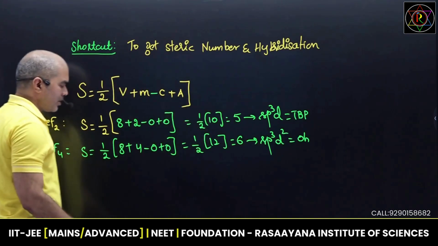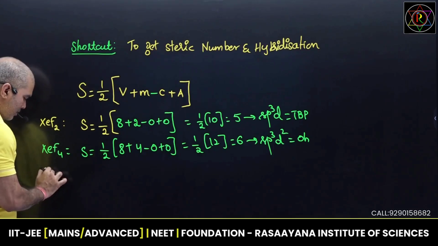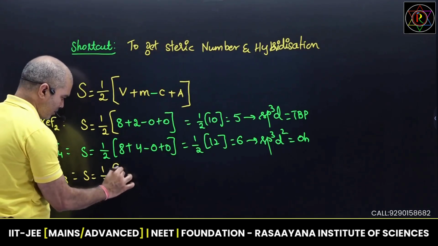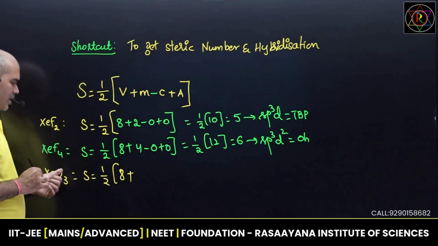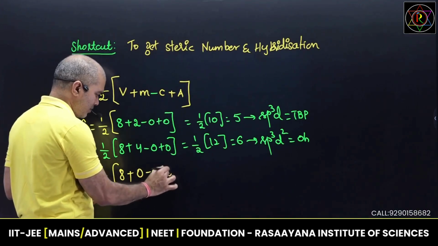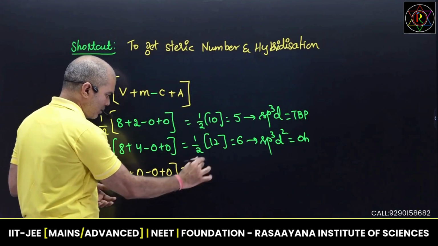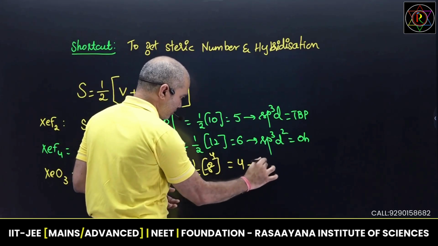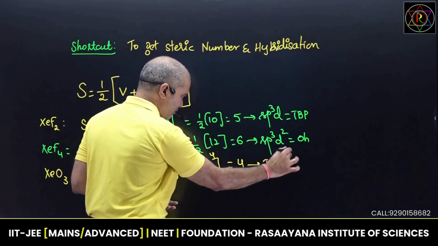You are getting the electronic geometry here. XeO3, 1 by 2. All oxygens are divalent, so no monovalent, make it 0. This is anyway 0 and 0. So it is half of 8, 4, tetrahedral.